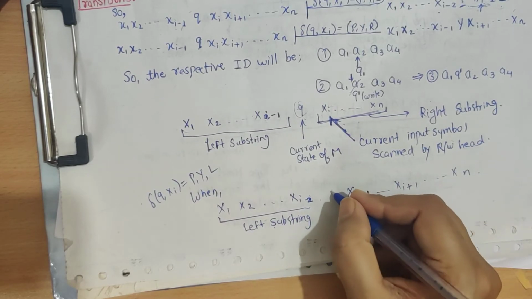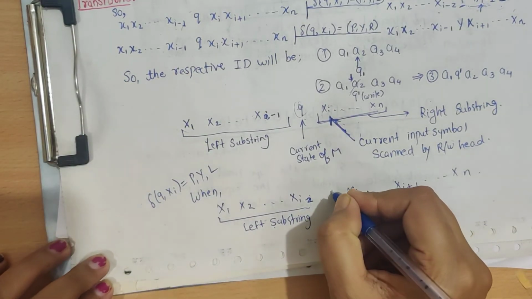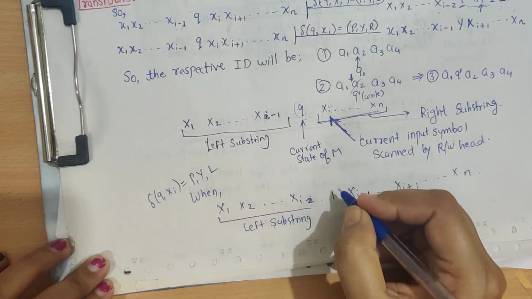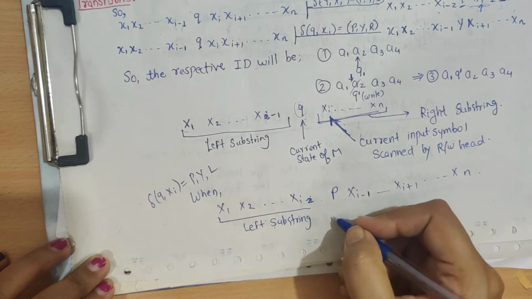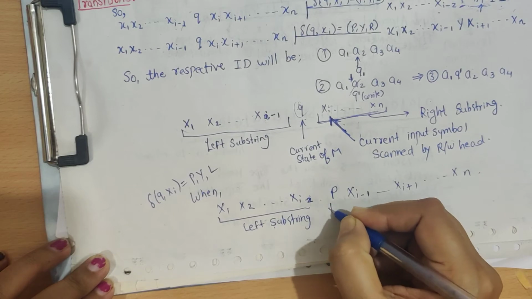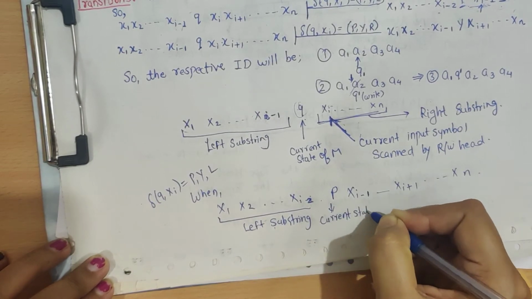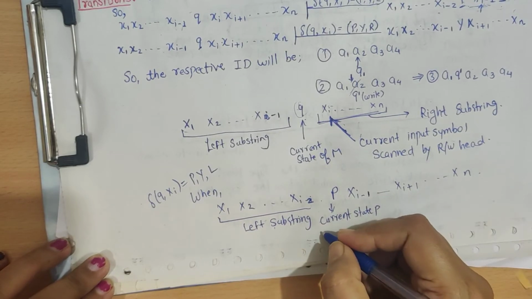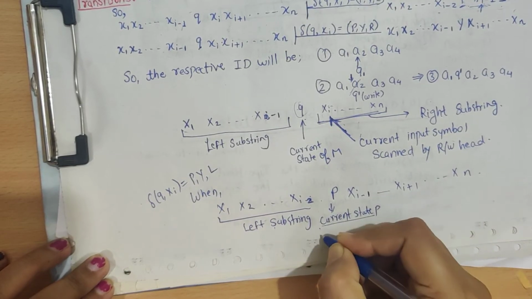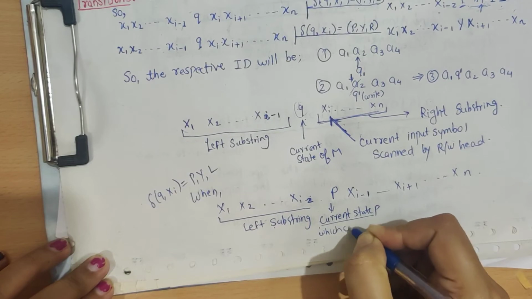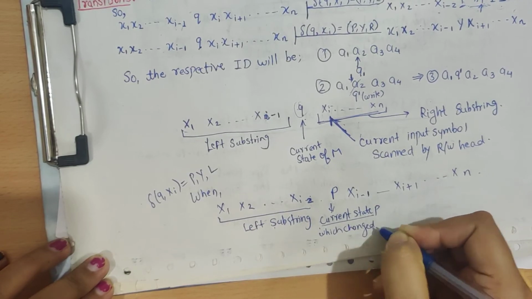So here the current state is P, which is changed from Q. Current state, which is P, changed from Q.